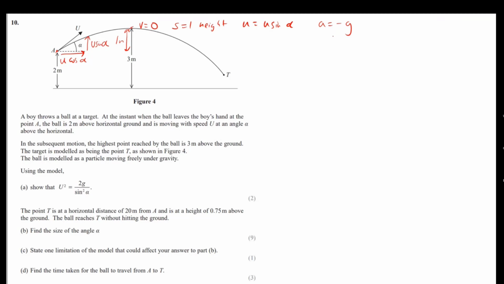So what formula can we use? And this u squared is a clue. So it's got to have a u squared in it. So you get a formula that has v, s, u and a only. It's going to be v squared equals u squared plus 2as.